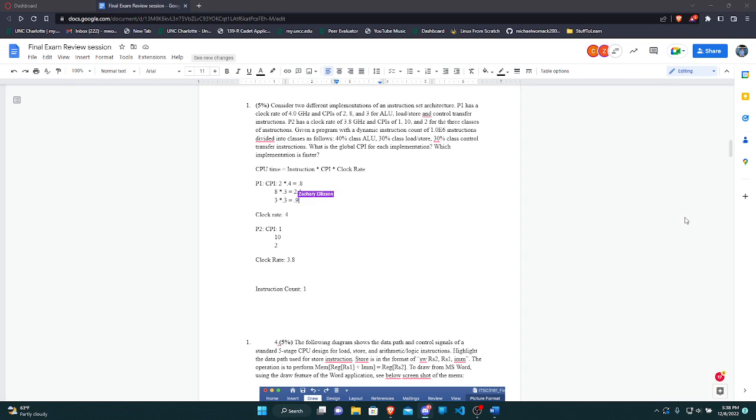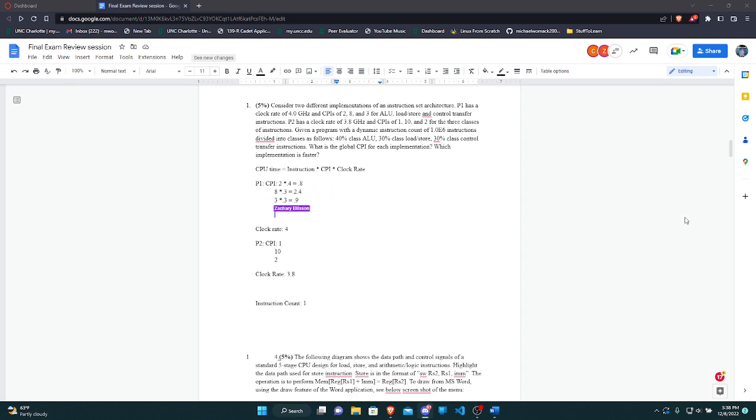Now we can add up all the CPIs: 0.8, 3.2, 4.1. Just in my head, hopefully that's right. Same thing for the CPI of implementation 2. Multiply each of the CPIs by the percentages: times 0.4, times 0.3, times 0.3.